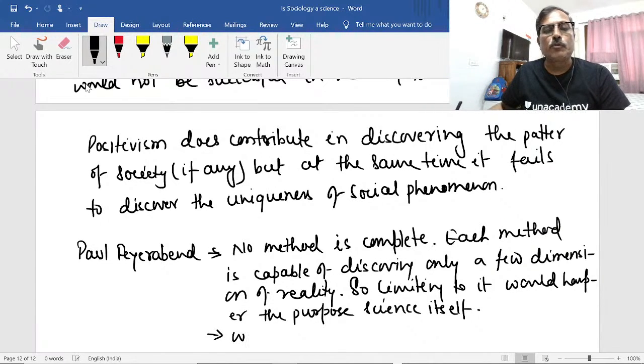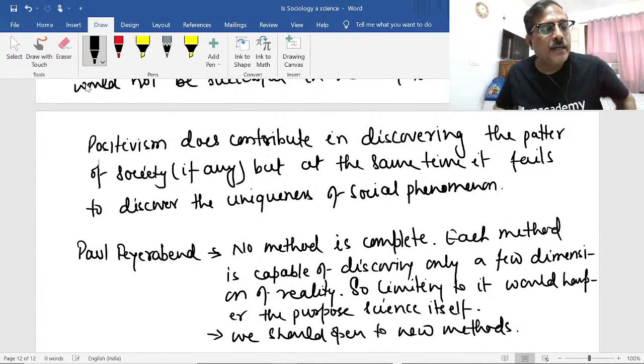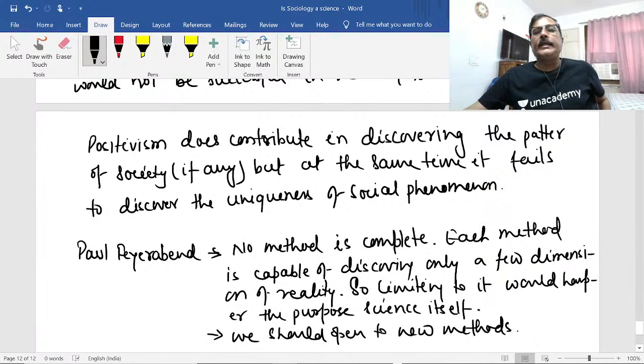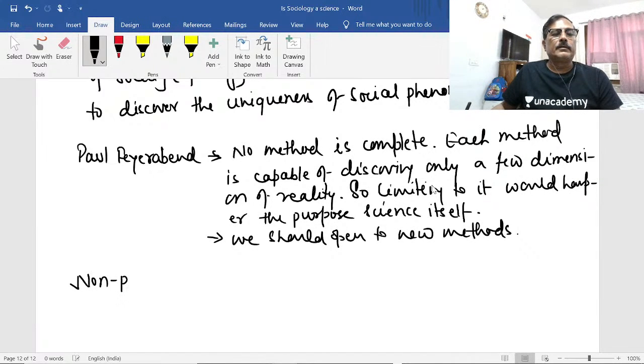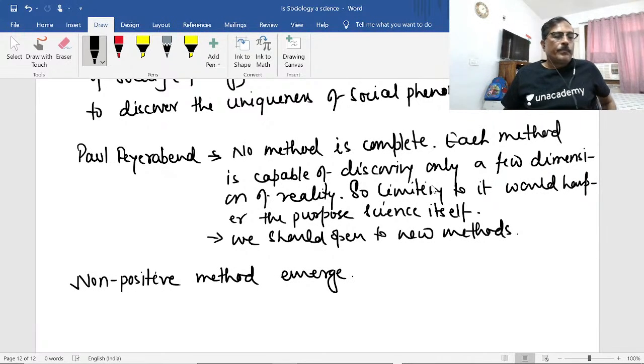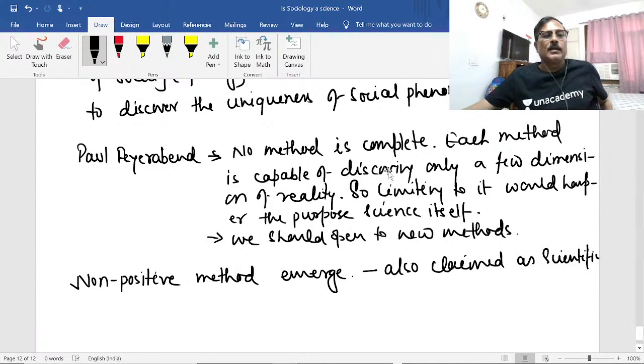That means we should be open to new methods and its fruitfulness can be evaluated only in the consequence, right? So because of all these problems, non-positive method emerged, or non-positivism. And this non-positivism was also claimed as scientific. We'll see how.